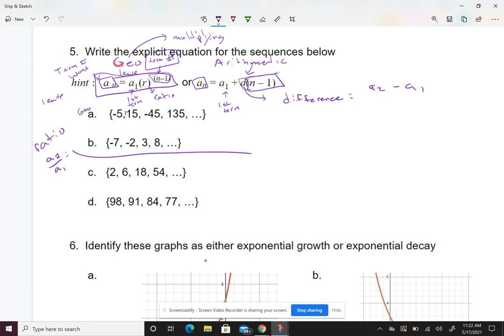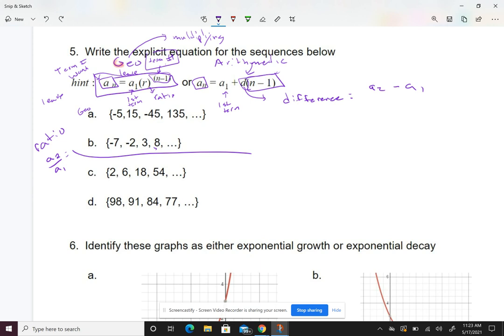Arithmetic cannot go back and forth like that. You can change signs once, so you can go from -2 to +3, but we can't go back. Going from a negative to a positive, back to a negative is impossible. So we know this has to be geometric.